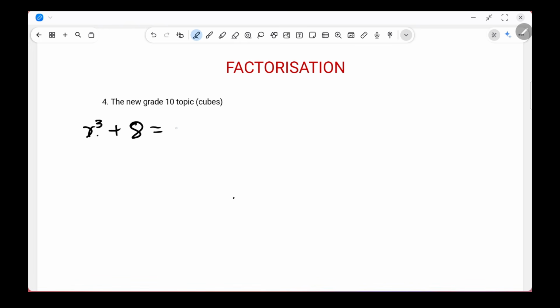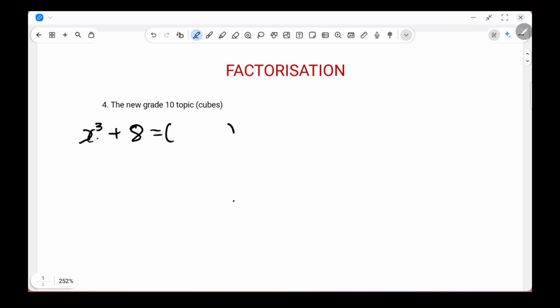We will open a small bracket, and then we will take the cube root of the first term, then it's x, then we keep the same sign as the original equation, and then we take the cube root of the second term, which is 2.